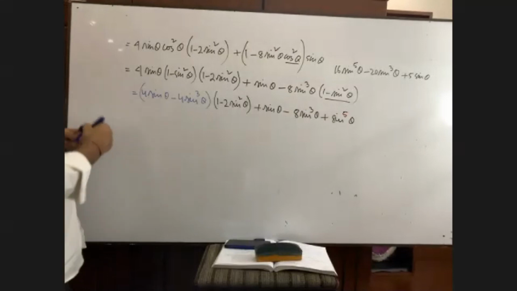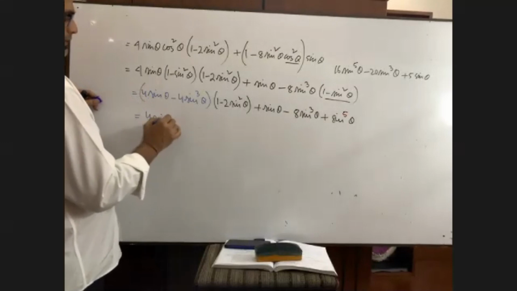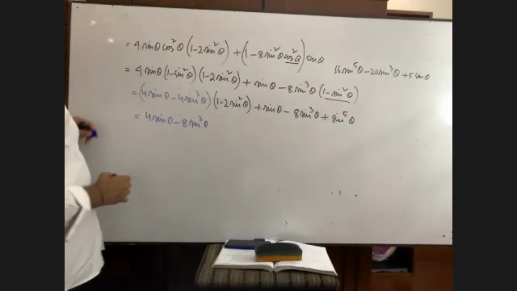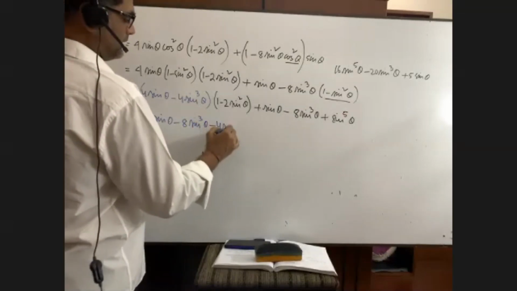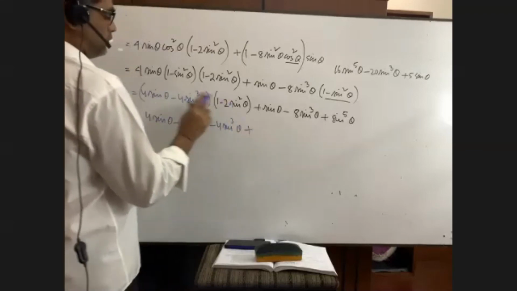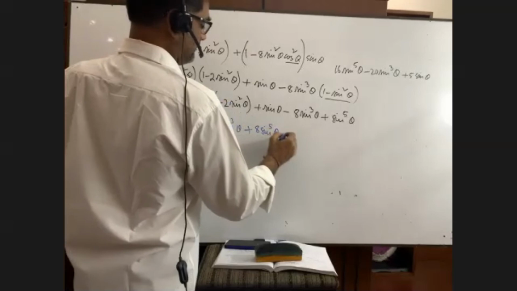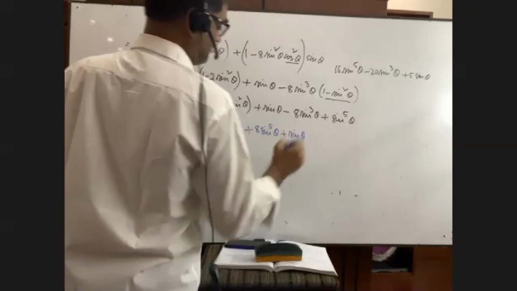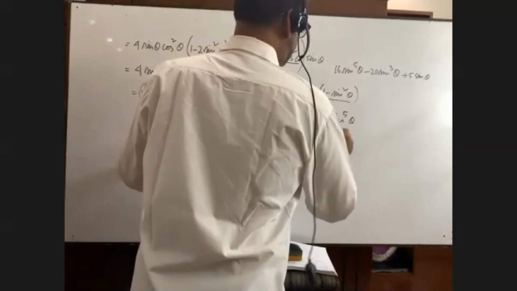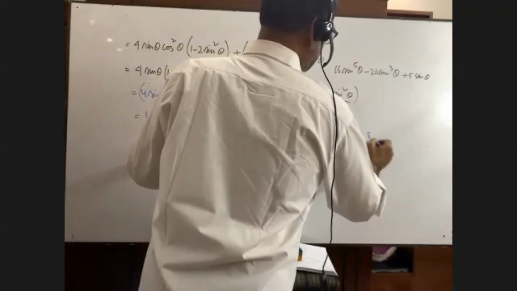Now you again multiply. 4 sin theta minus 4 sin cube theta minus 4 sin cube theta, minus minus plus 8 sin 5 theta, plus sin theta minus 8 sin cube theta, plus 8 sin to the power 5 theta.